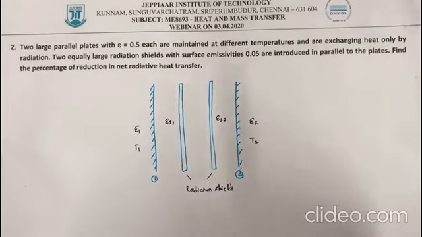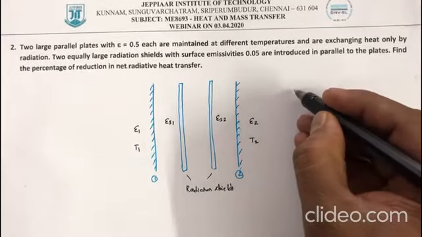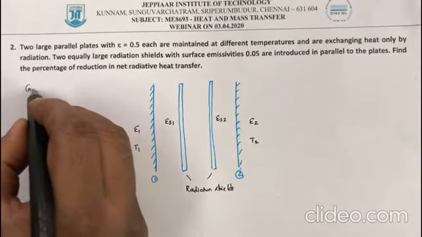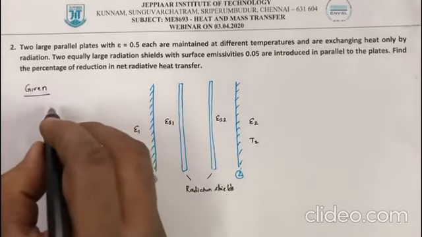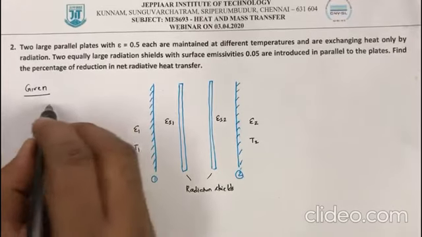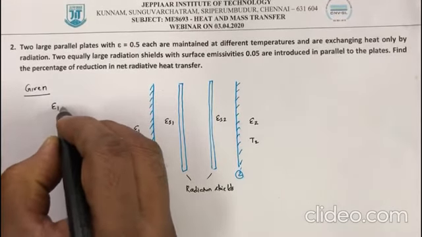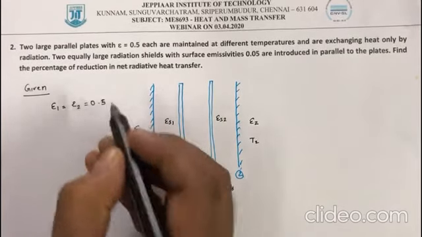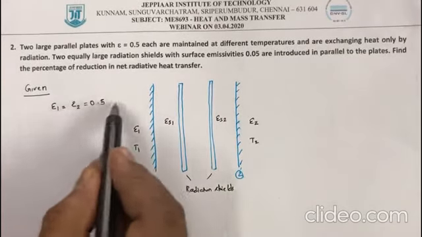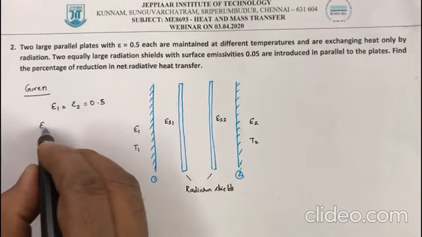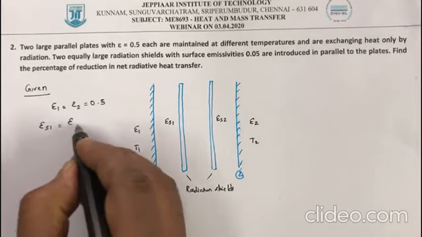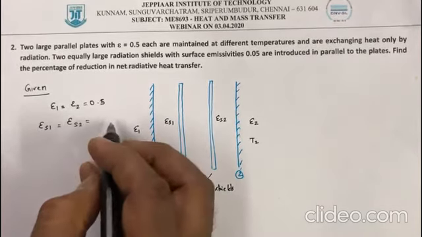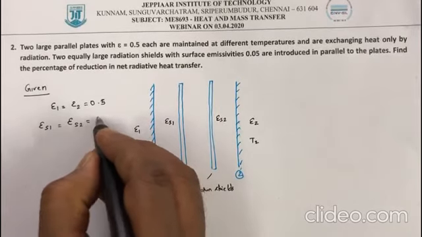So now from the data given, we know that epsilon 1 is equal to epsilon 2 is equal to 0.5. Emissivity of both the plates are 0.5 and emissivity of both the radiation shields are 0.05.